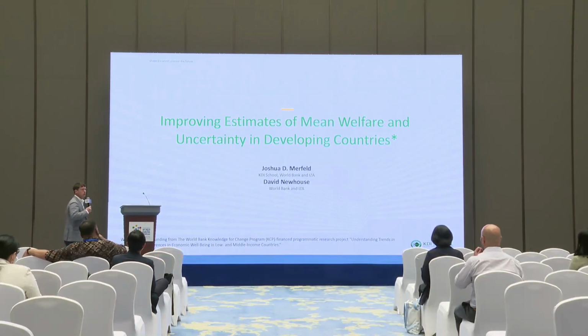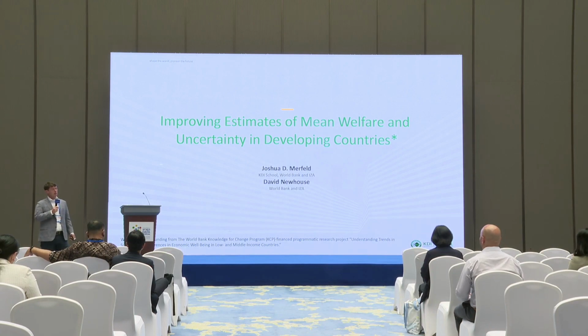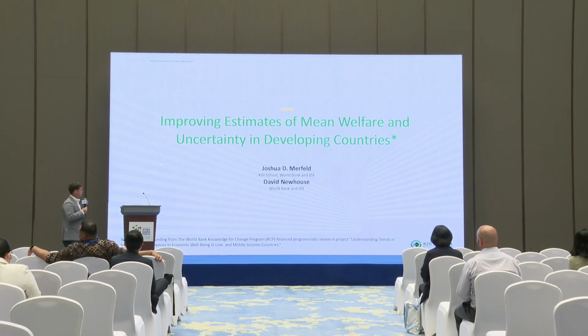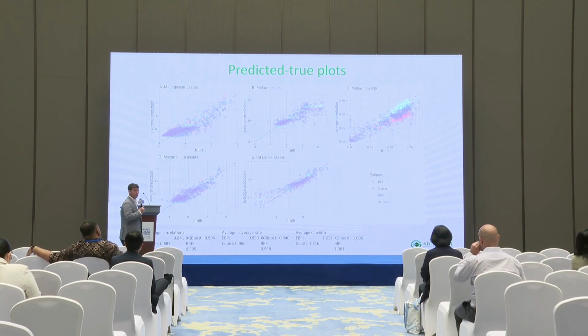What we wanted to do was to see how well we can estimate poverty using household survey data, specifically in countries where there isn't a recent census to help us do small area estimation. So we use geospatial data as the auxiliary data, and we compare several different methods. We compare old school small area estimation, which is the red circle, EBP.